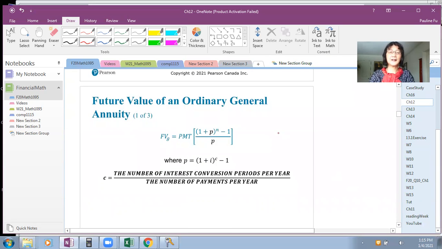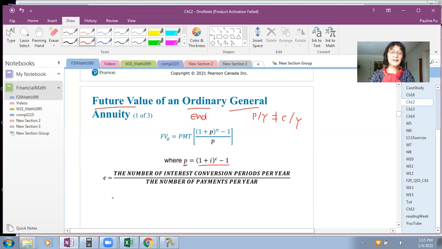Now let's look at the future value for an ordinary general annuity. Remember, ordinary means payment is made at the end. General means PY is not equal to CY. When PY is not equal to CY, you have to find P, the equivalent rate per payment period. P equals 1 plus I raised to the power C, minus 1.